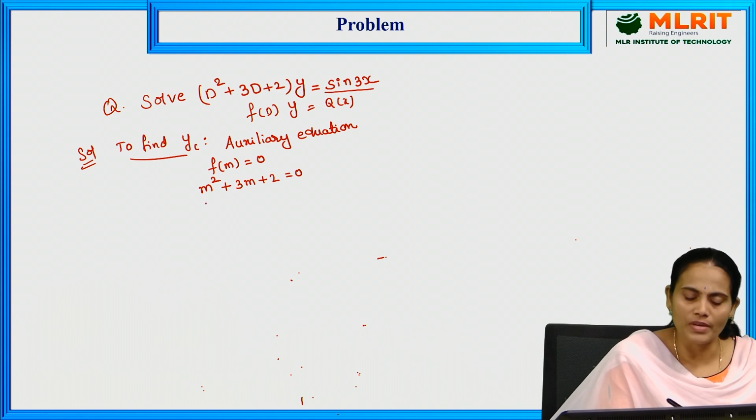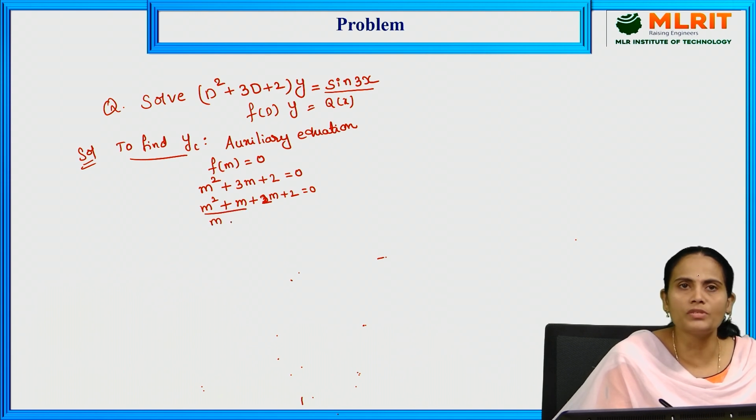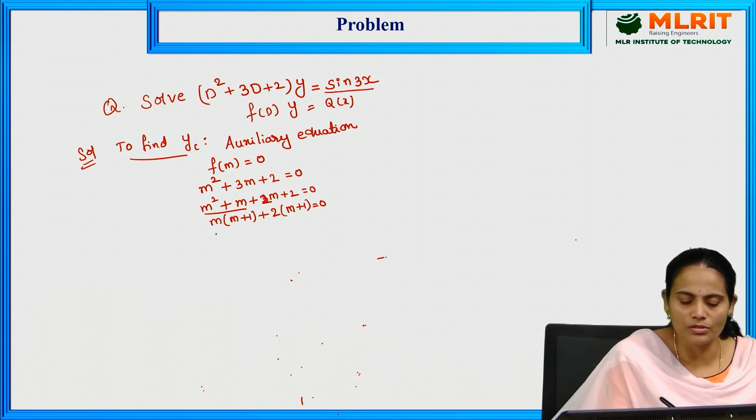The 3m can be written as m plus 2m, so m square plus m plus 2m plus 2 equal to 0. In the first two terms take m common: m into m plus 1, plus in the next two terms take 2 common: 2 into m plus 1, equal to 0.